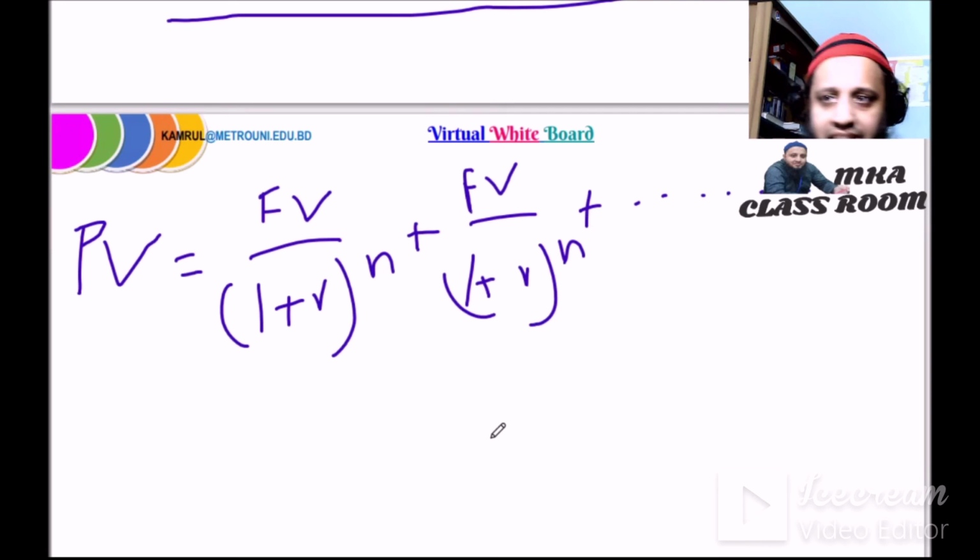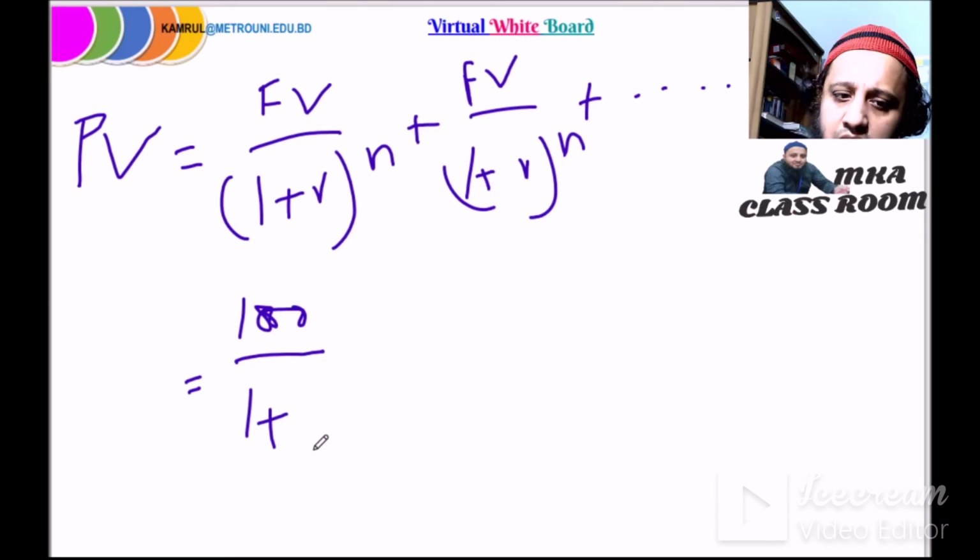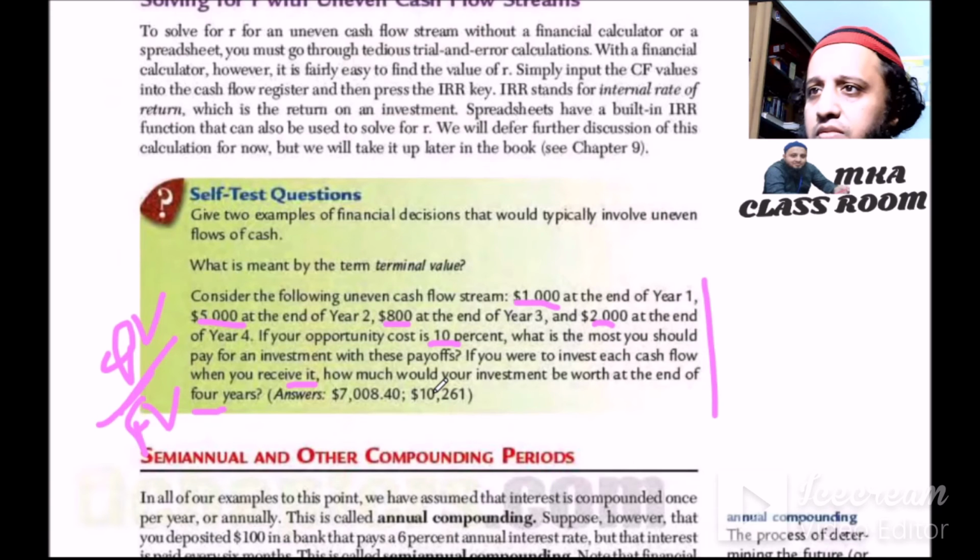So, first we have 1000 divided by 1 plus our rate of interest. Our opportunity cost is 10%. Can you remember? r equals 10%. We know it very well.